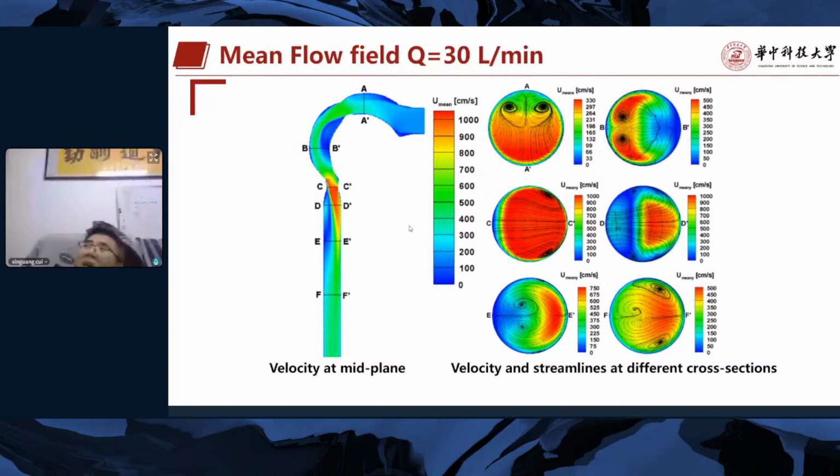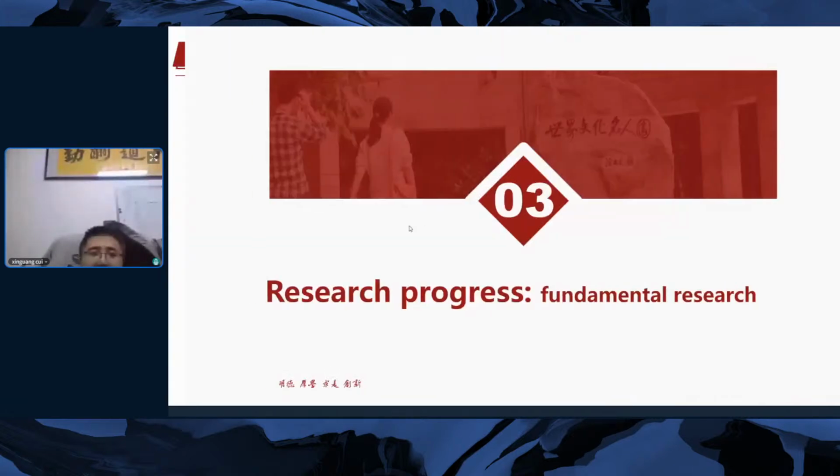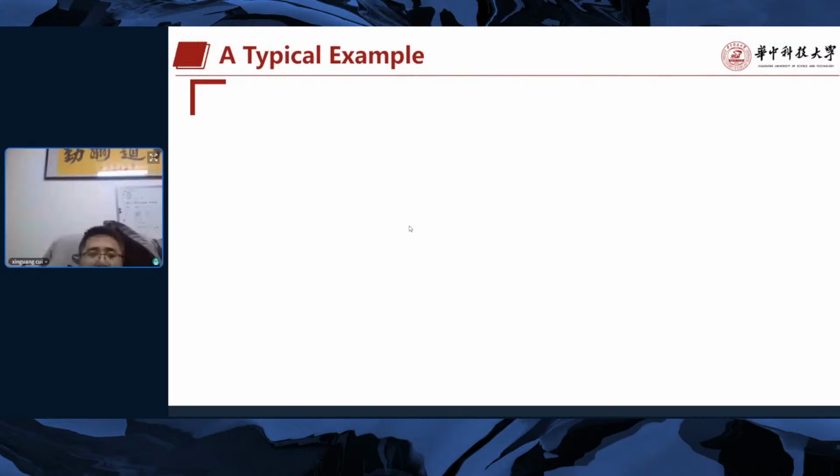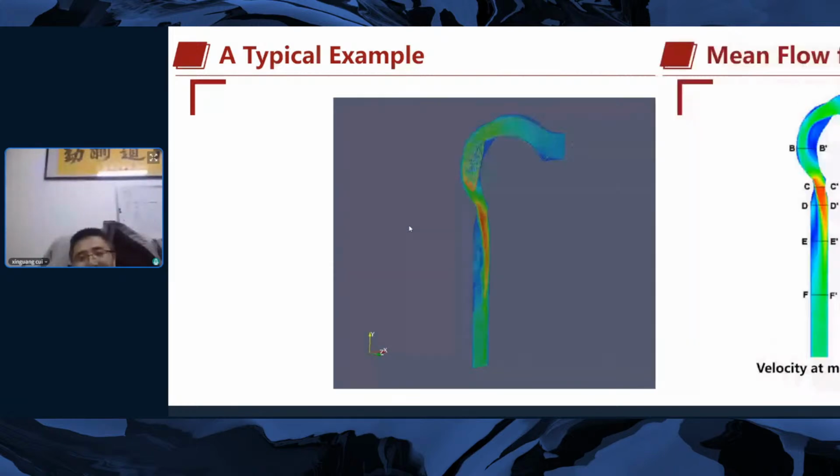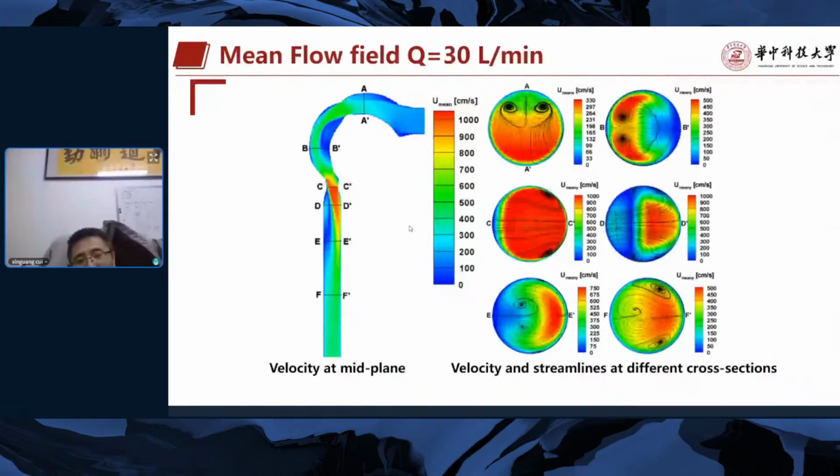I did a very detailed analysis. From this part is mainly my research work, and before it is research work by others. We did a very detailed analysis of the secondary vortex, the laryngeal jet and the recirculation zone.